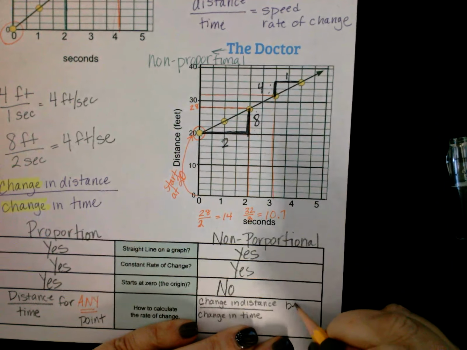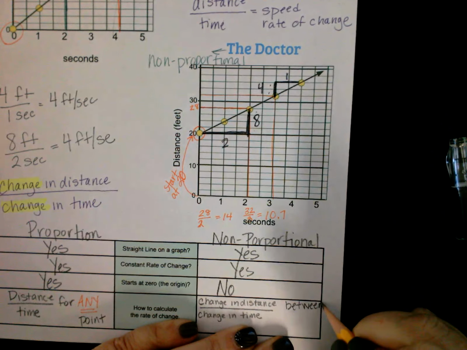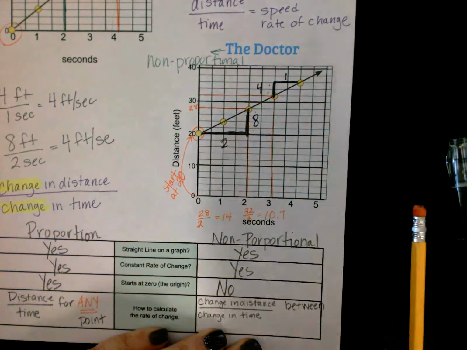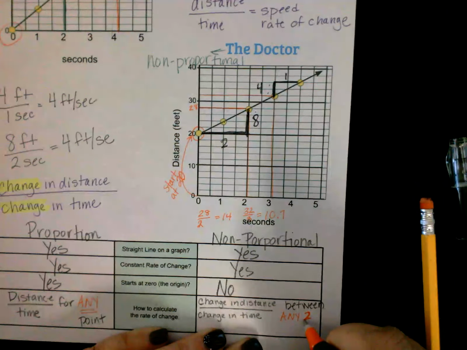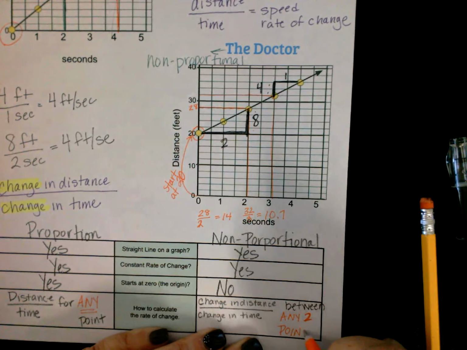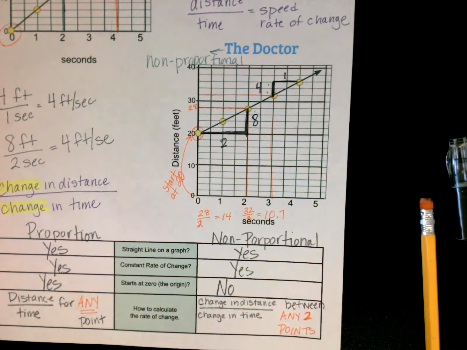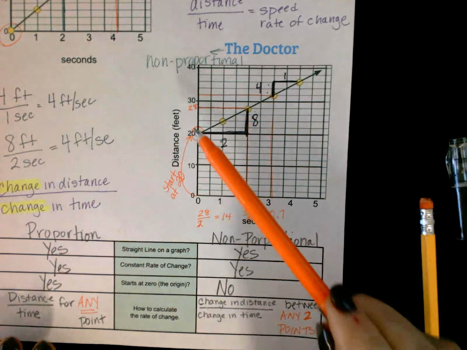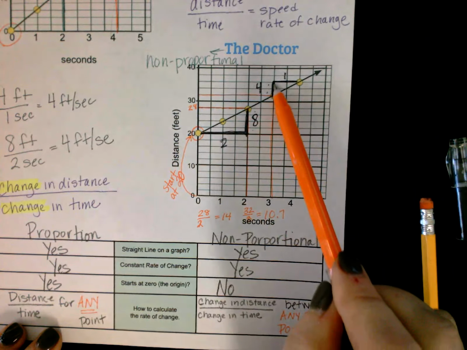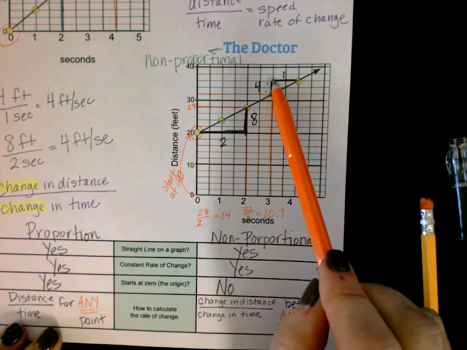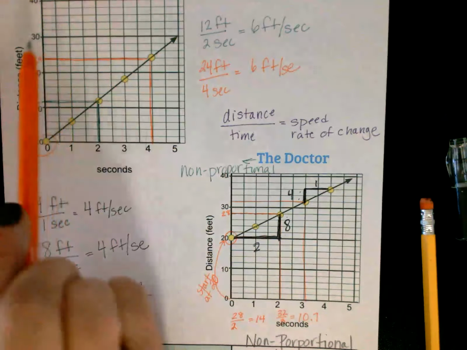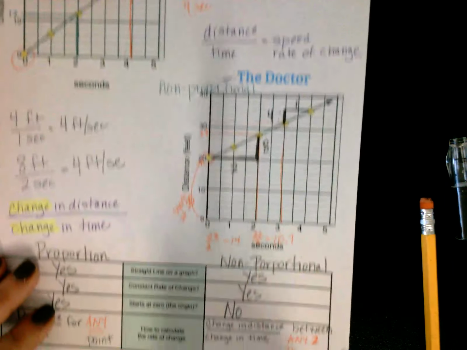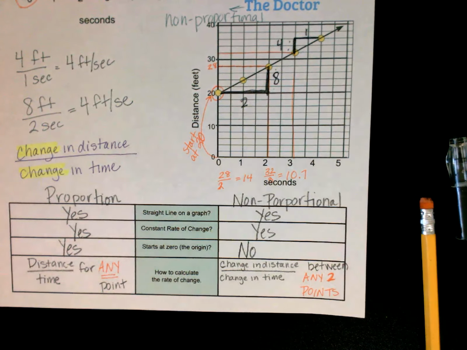This one is between any 2 points, not just one point. You have to find the difference between the 2 points. Like we did here and here. We found the difference in distance here and the difference in time here. Up here, I just went, oh, from here to here and divided. Oh, here to here and divided. I'll move my paper back up so you can see. If you need to, pause the video, finish copying this down.